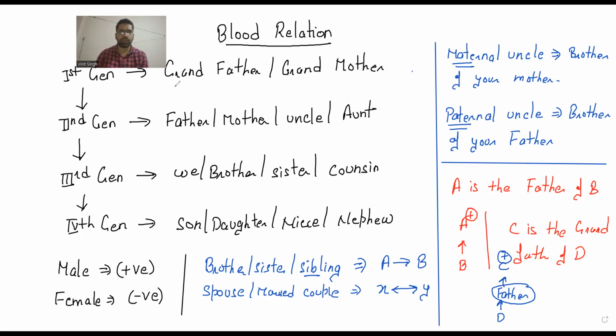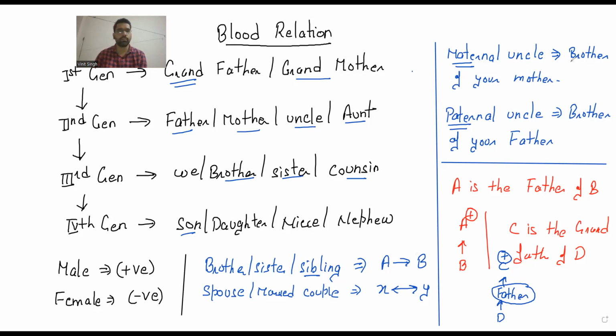First generation, there will be grandfather, grandmother. After that, father, mother, uncle, aunt. After that, brother, sister, cousin. After that, son, daughter, niece, and nephew. For the male, we will take positive. For the female, we will take negative. Brother, sister, sibling, we will represent by single-headed arrow. Spouse, married couple, we will represent by double-headed arrow.